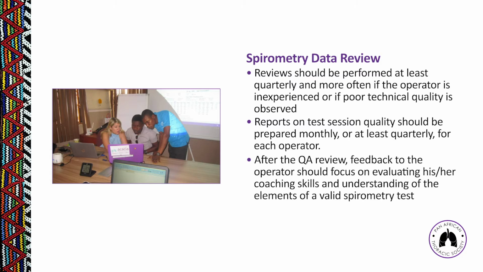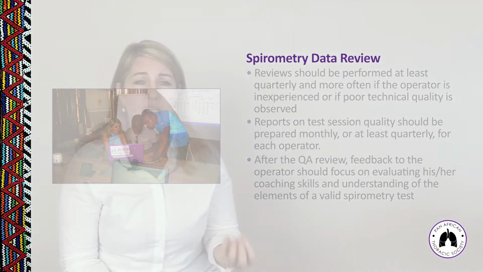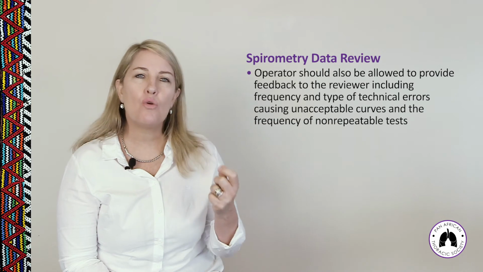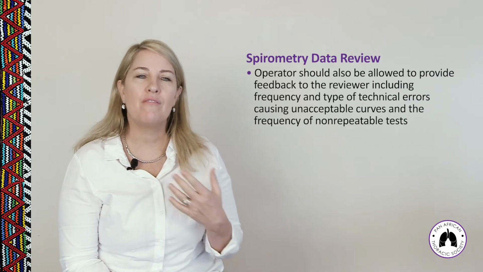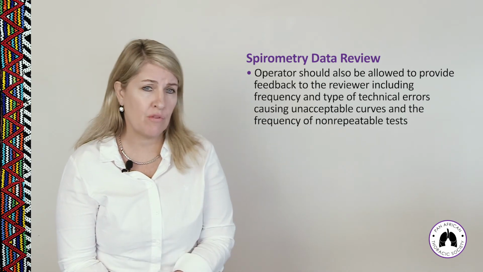So after the quality assurance review, the feedback to the technician should focus on evaluating his or her coaching skills and understanding the elements of a valid spirometry test. The technician must also be allowed to speak and to give feedback to the quality assurance reviewer.